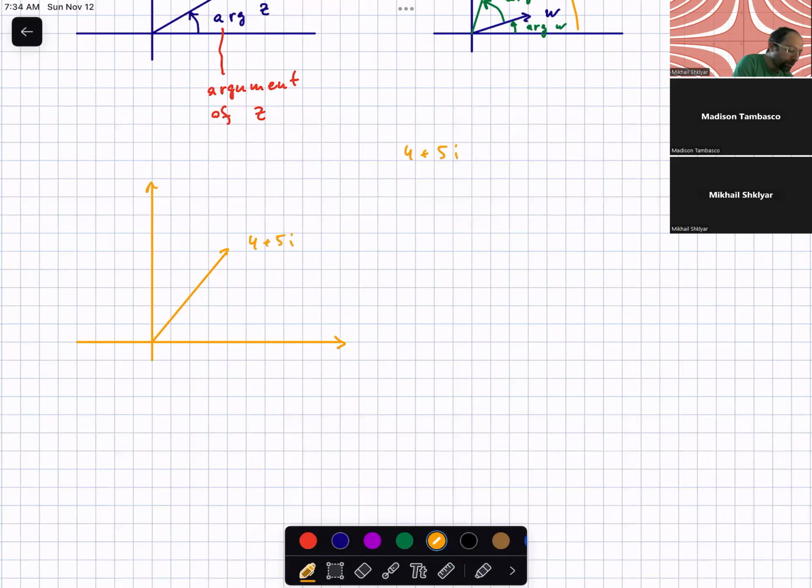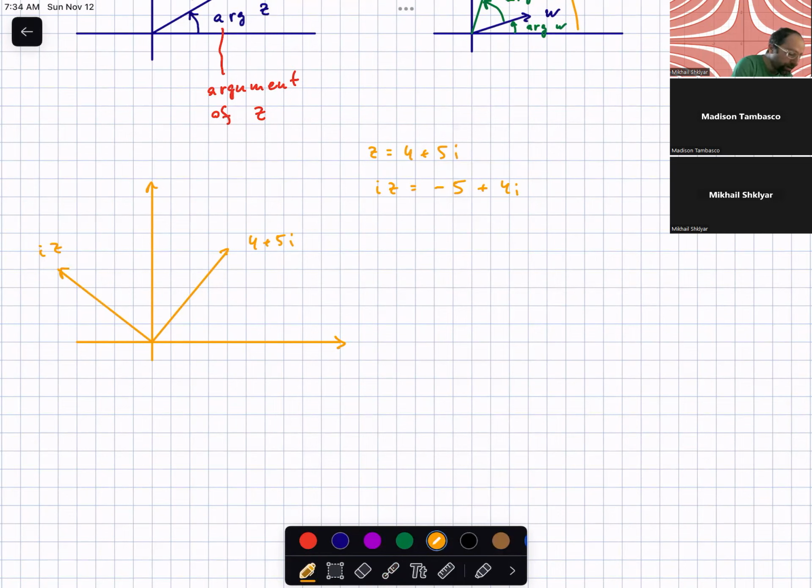Now, if I take z and multiply by i, I'm going to get 5i times i, which is negative 5, and 4 times i is 4i. So this number is going to be right here. So this is z, this is i times z. Notice that the magnitudes of these two numbers are the same.